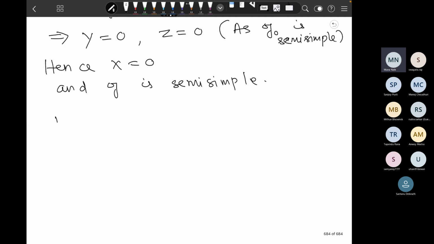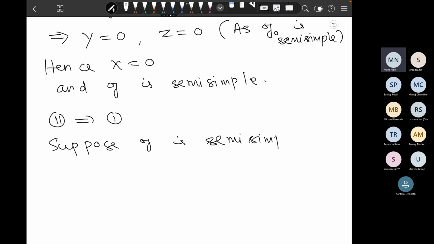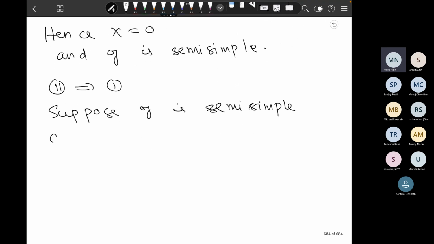Now I want to prove this, 2 implies 1. Suppose G is semi-simple, and let X belong to the radical of BG naught.